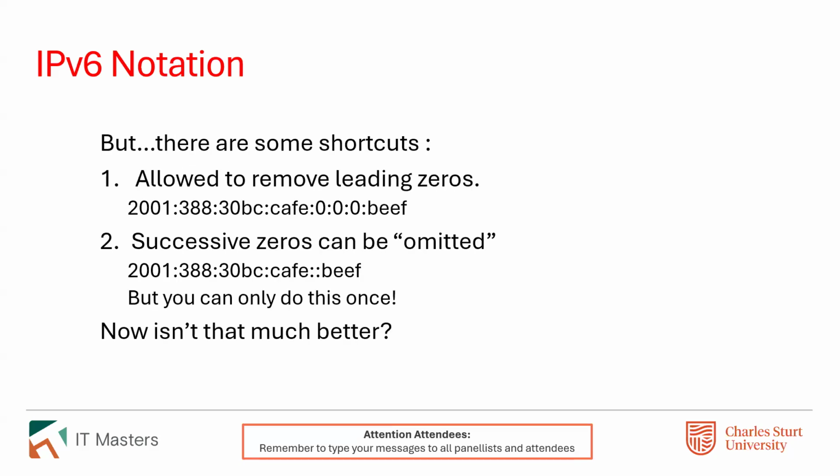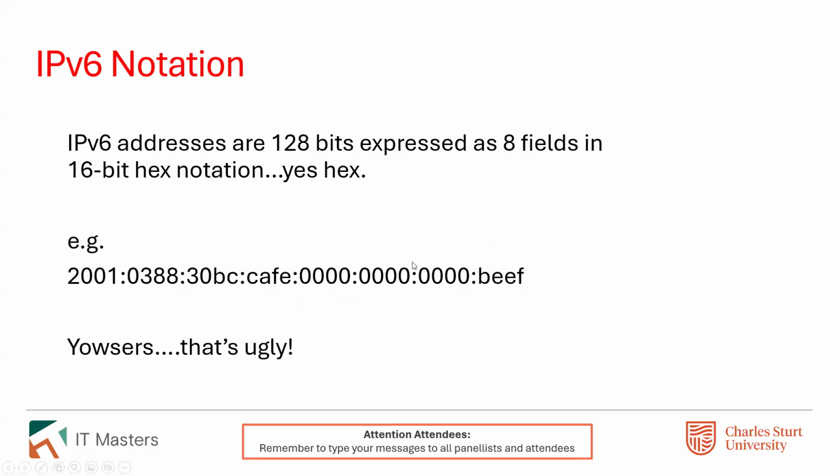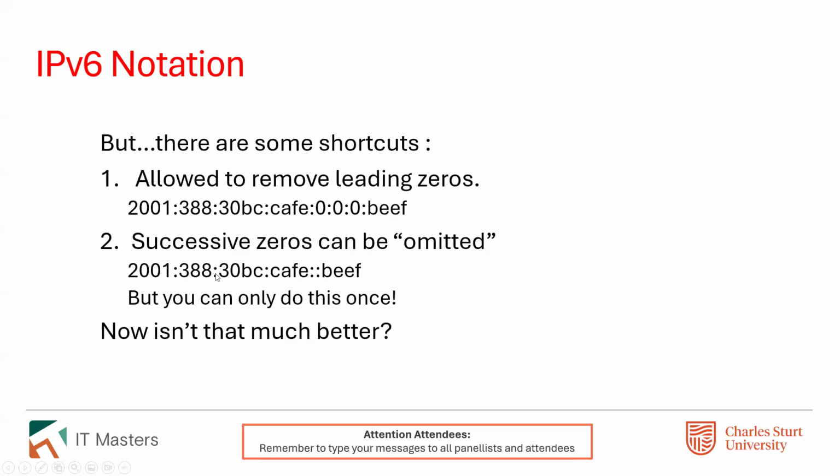You can strip out leading zeros, so that 0388 becomes 388, for example. And then if you've got groups of zeros, you can get rid of them at least once. So in this case, we can take that previous example, which is not the easiest thing to type in the world, and turn it into something a little bit simpler to type.